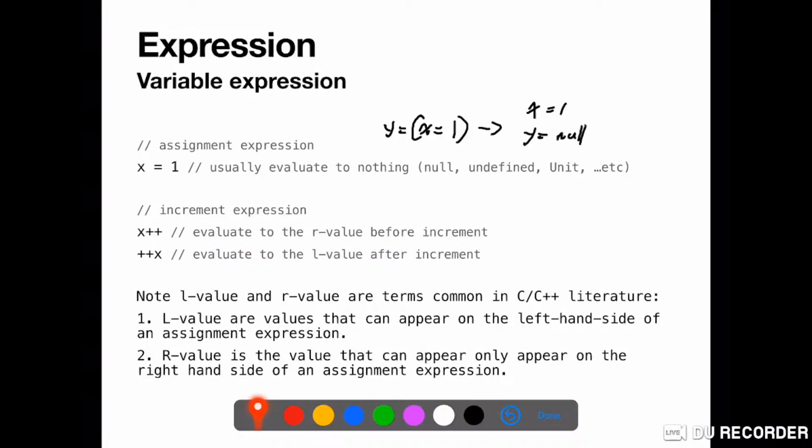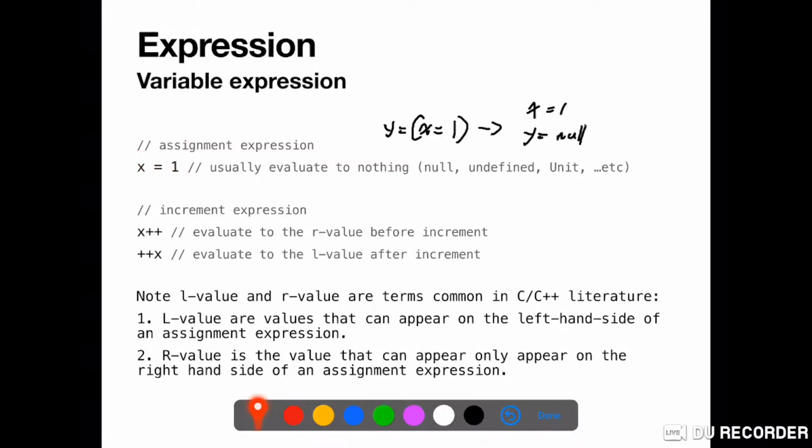And here I introduce the concept of L value and R value because these are terms quite common in C++ literature. We say something is an L value if it can appear on the left-hand side of an assignment expression. You have learned assignment expressions, so if something can appear on the left-hand side here, we call it an L value.